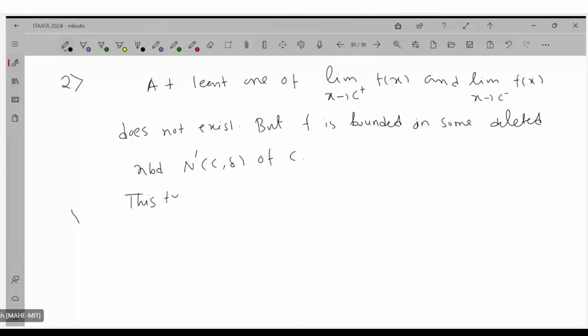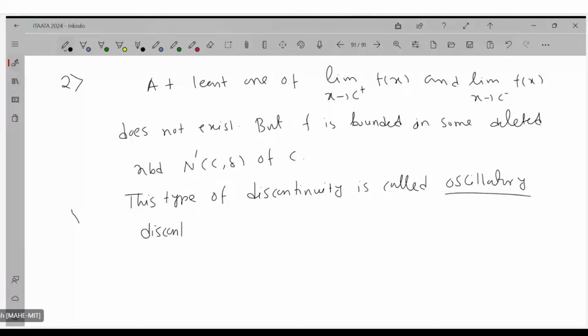This type of discontinuity is called oscillatory discontinuity of f at c. So c will be called the point of oscillatory discontinuity. Oscillatory here just means finite oscillatory discontinuity.